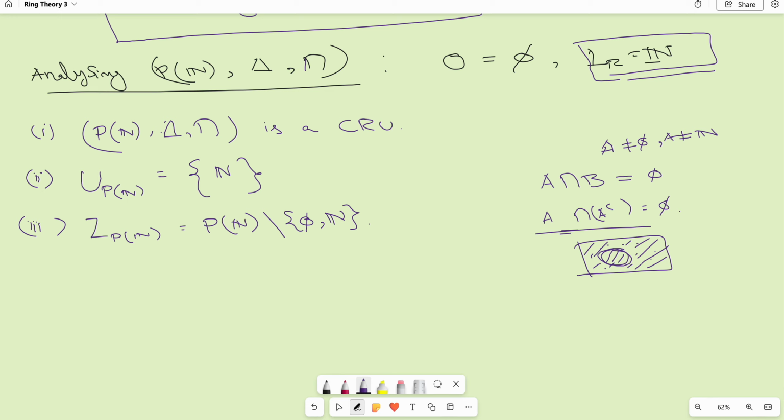Because A should be non-zero and non-unit element. Non-zero non-unit means it should not be 0, and it should not be N. So you take any element A and intersect with its complement, you will get the empty set, right? This is why the zero divisors are the power set of natural numbers except these two.